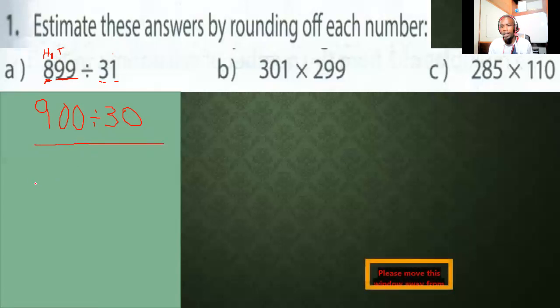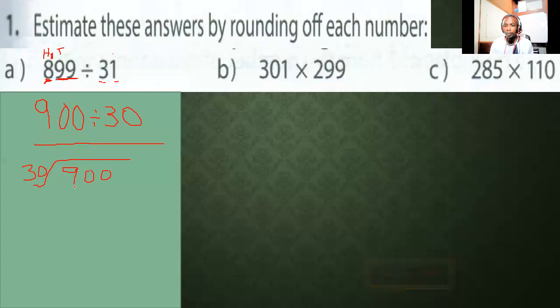900, let me show you long division. But this one is very simple because it doesn't have many confusing digits. Right. 30 into 9, it cannot because 9 is small. So we use the 2 digits. 30 into 90, 30, 60, 90.